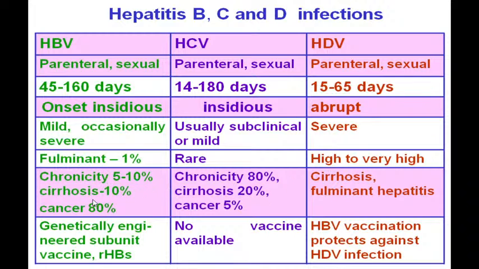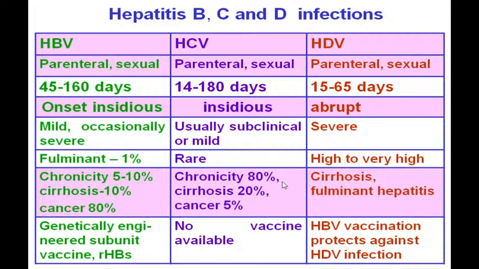Then please compare what types of infections are typical. For hepatitis B, acute disease is typical. It occurs in up to 80% of people, and chronic disease in 5 to 10%.